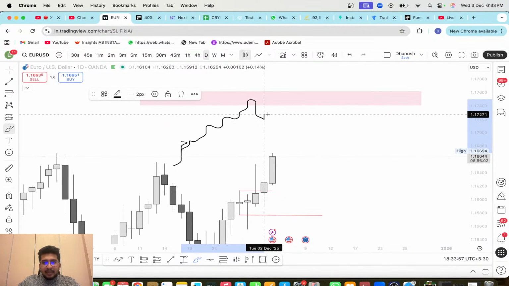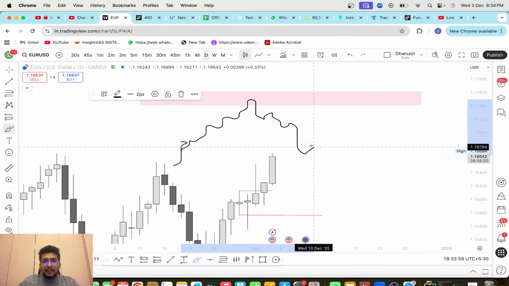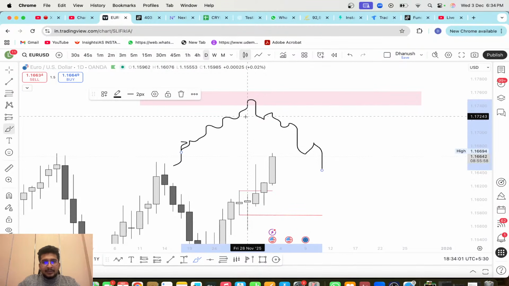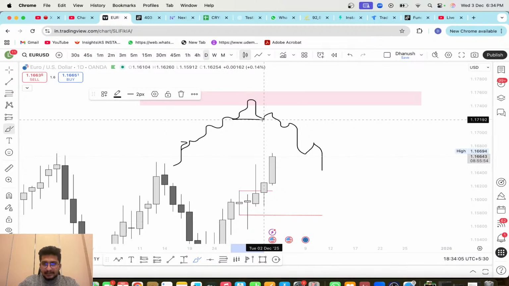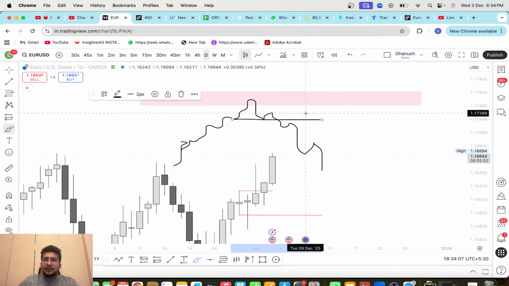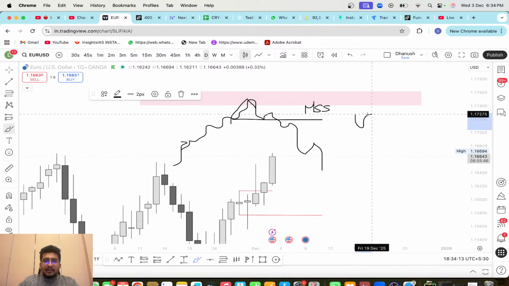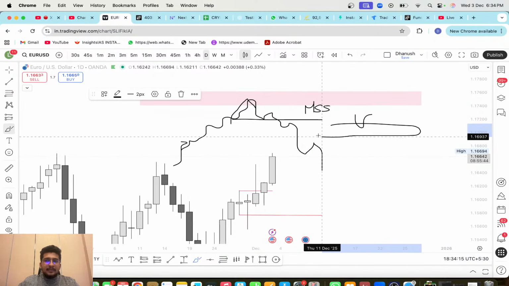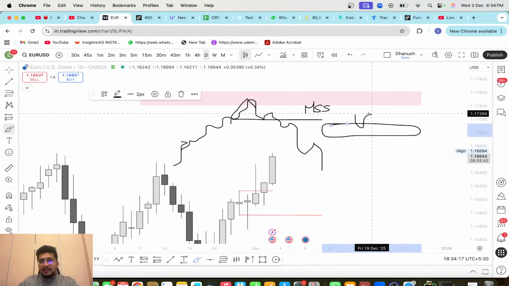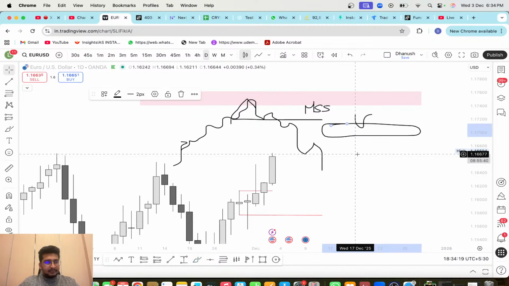We need a sharp reversal from that level. Here we'll mark the previous last pullback. If the market closes below this, that is going to be our displacement MSS. Displacement MSS is nothing but a sharp A-shape or V-shape reversal. If it is on the low side, it is going to be a V-shape reversal.